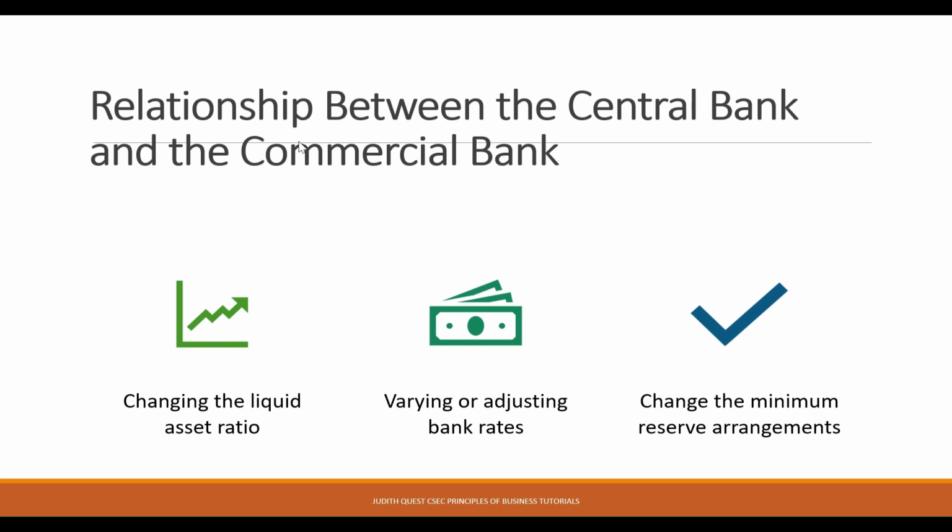right? So increasing of the reserve ratio by the central bank means that the lending financial institutions have less money available. So you see how they are controlling the economic activity. So it ensures that they have less money available to lend out, which is going to result in a reduction in the money supply.